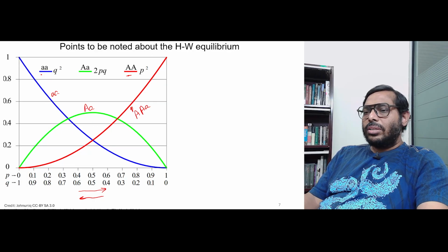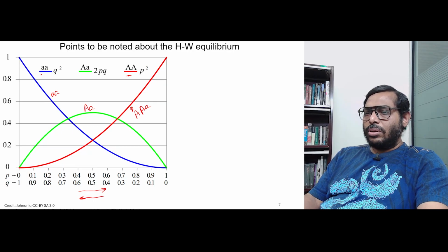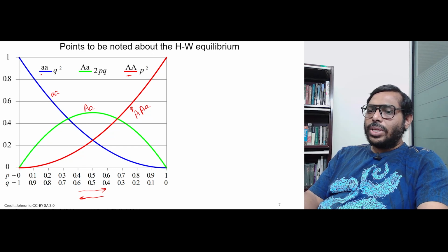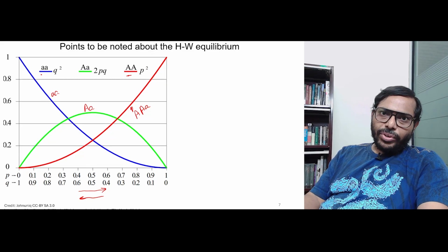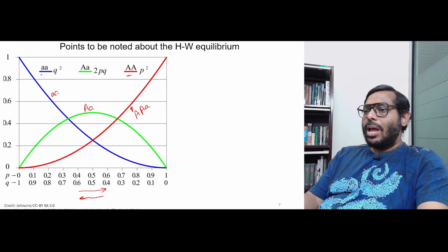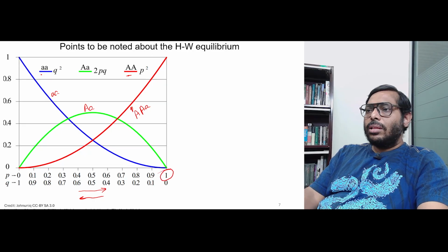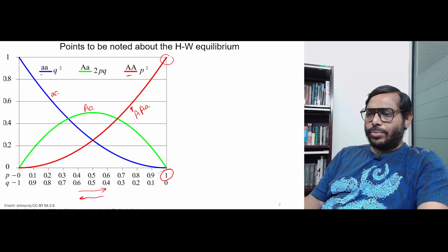Now, let us first concentrate on the first homozygote. As you can see, when the allele frequency p is very low, the homozygous frequency is very small, but as p increases, this increases quite fast, which is obvious because it goes by the square, and when the frequency of the allele becomes 1, the frequency of the homozygote also becomes 1, no issues.